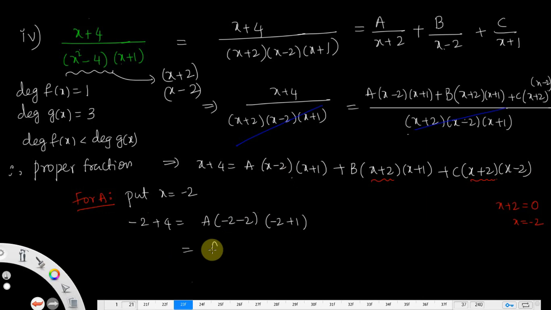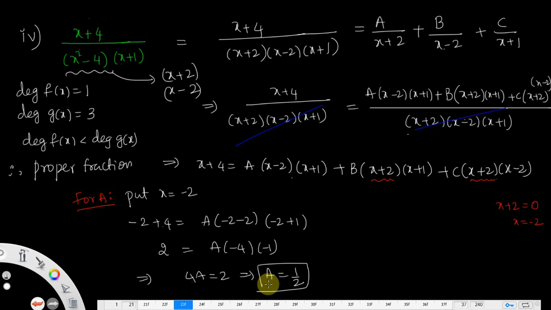So that is a into minus 4 into minus 1, here 4 minus 2 as 2, then 4a equal to 2, nothing but a equal to 1 by 2.